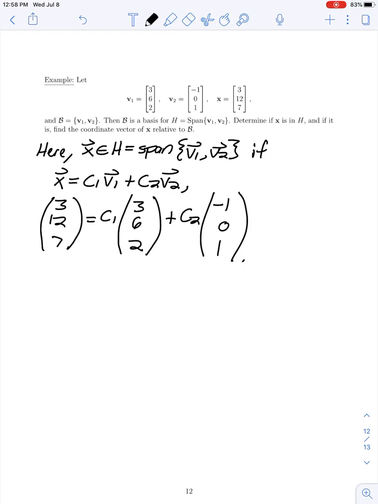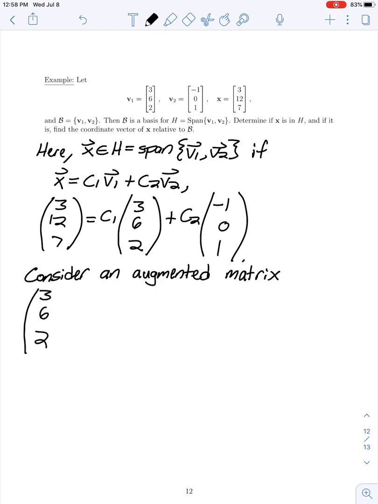So writing this vector equation as an augmented matrix, let's consider an augmented matrix where our coefficient matrix would be the matrix 3, 6, 2, negative 1, 0, 1. And we're augmenting that with the vector x, which was 3, 12, 7. All right. So performing row reduction, we can simplify.